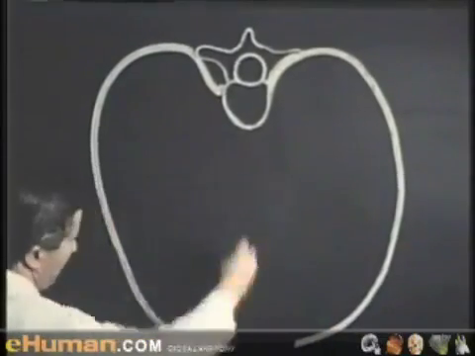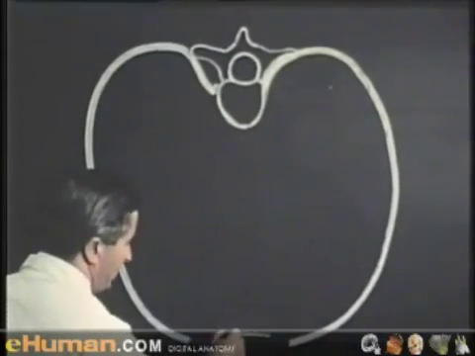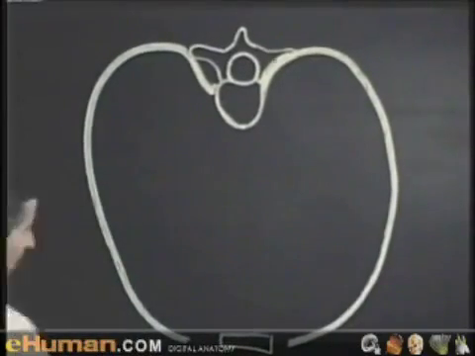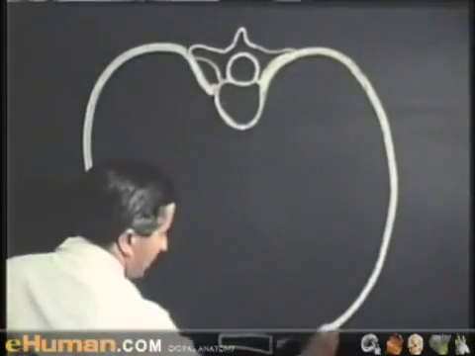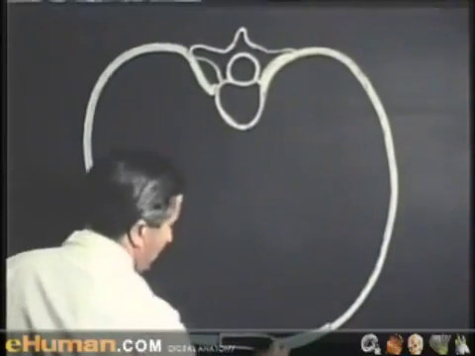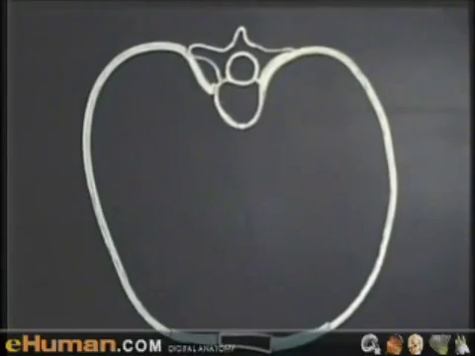Now we can indicate the position here of the sternum, the body of the sternum, and just indicate the costal cartilage coming in on either side to connect the rib to the sternum.